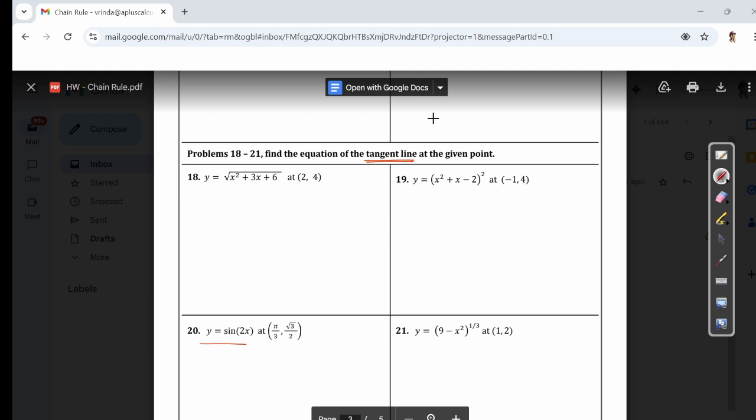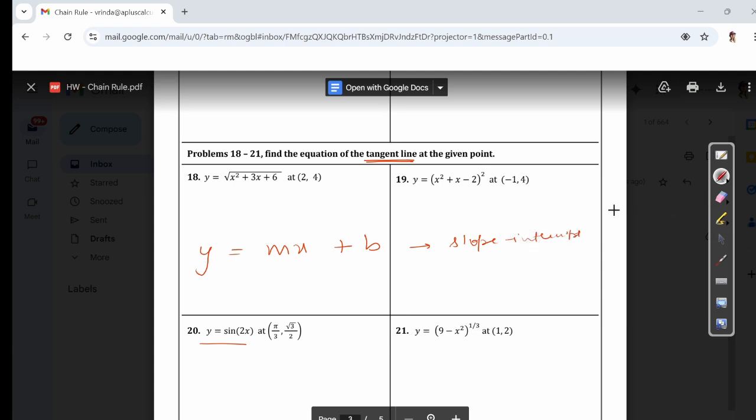Whenever you have to find out the equation of a tangent line, Anika, you know the equation of a line, right? It is y is equal to mx plus b, right? Yes. Okay, now you should know this is the slope intercept form.